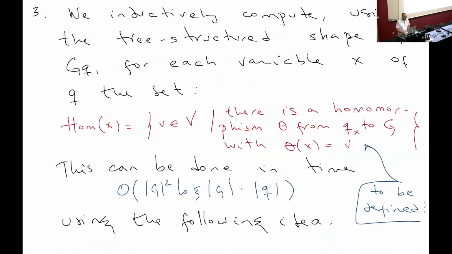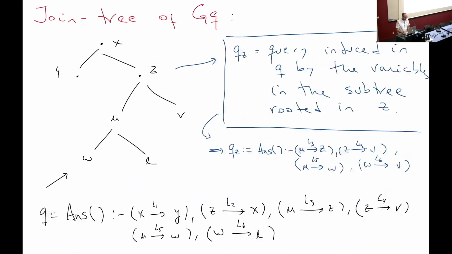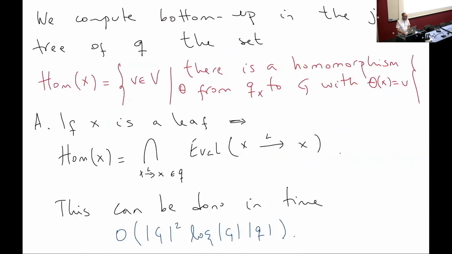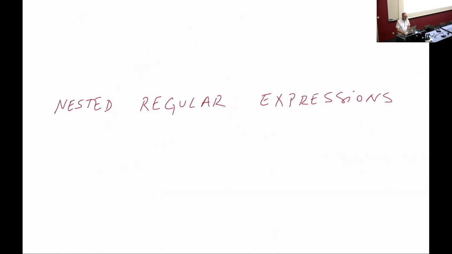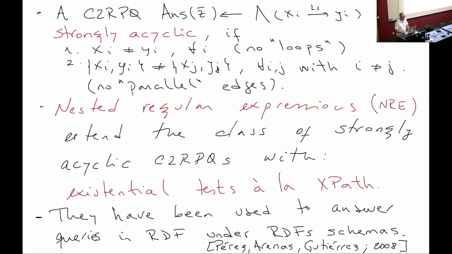But there is another way in which we can do this, by actually not using variables at all in the C2RPQs. And this is what we call the class of nested regular expressions, which are based on propositional dynamic logic, for those who know, or XPath, which is a language for querying XML documents.